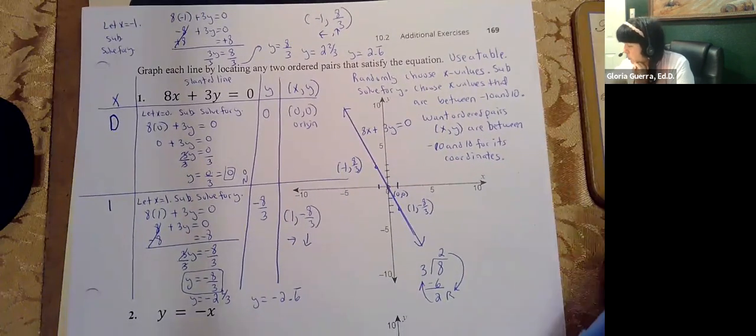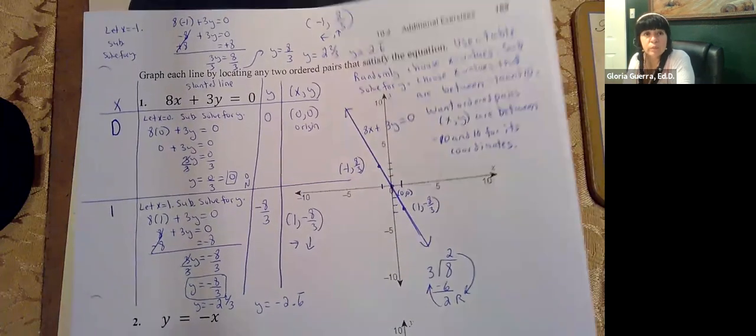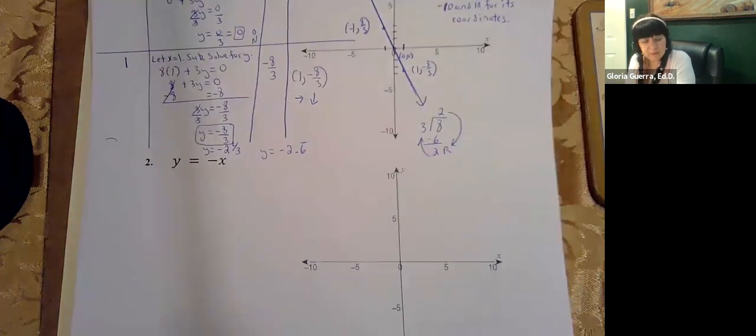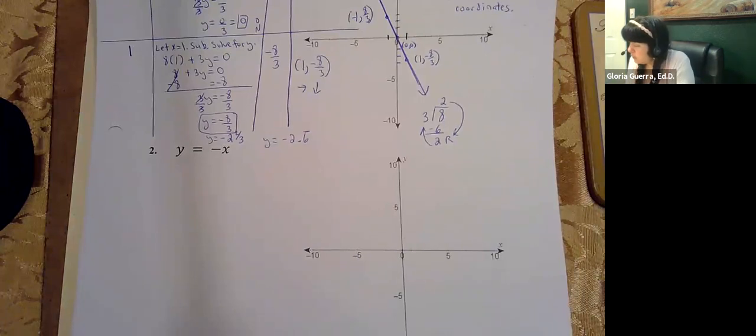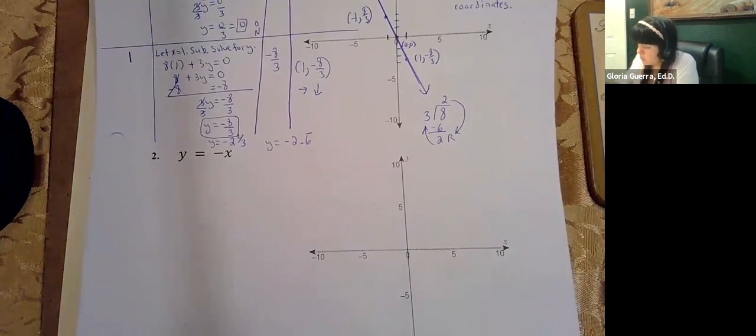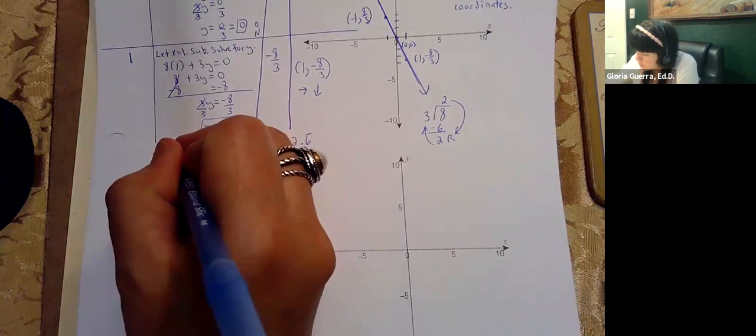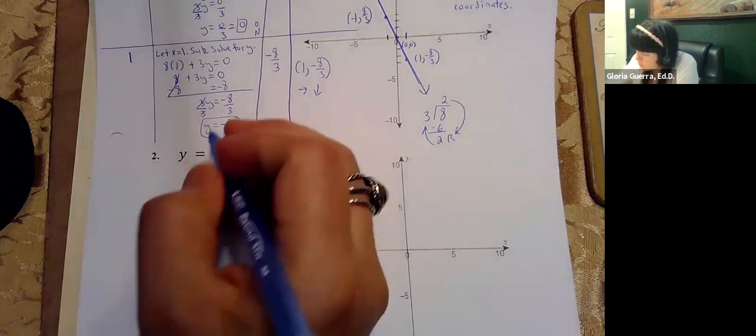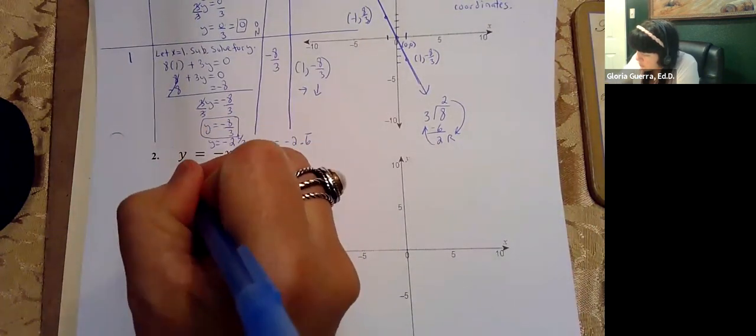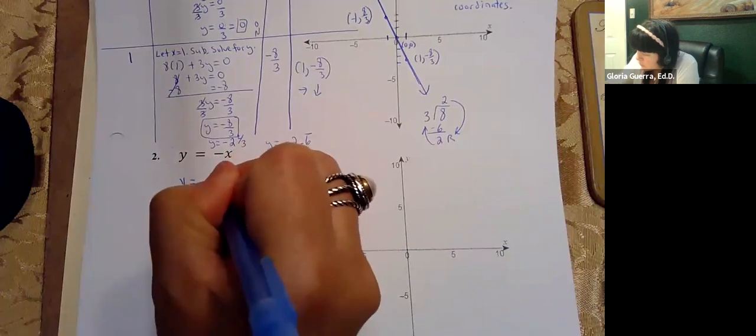Okay, so if you're still writing, you can pause and then continue when you're done writing. But I'm going to move on to number 2. We have y equals -x. Again, I'm going to say y is equal to -1x.